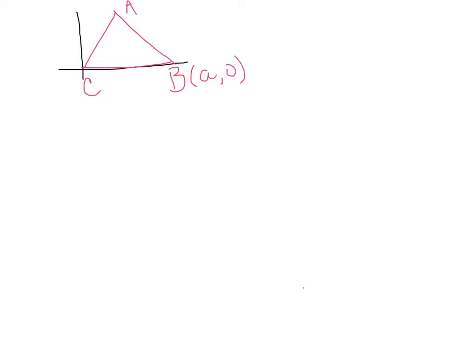The reason is because this distance is opposite angle A, so it'll have a length of A. What that means, the side opposite C will have a length of C, and the side opposite B will have a length of B. The coordinates at angle C are 0, 0.